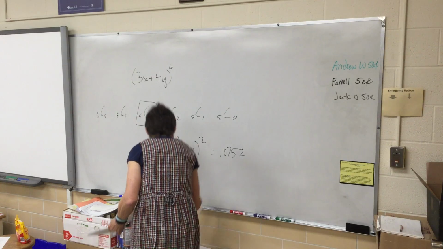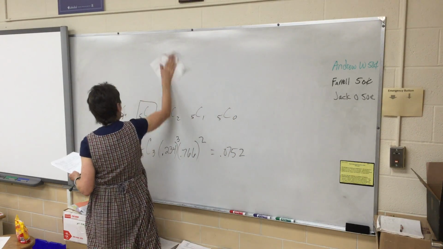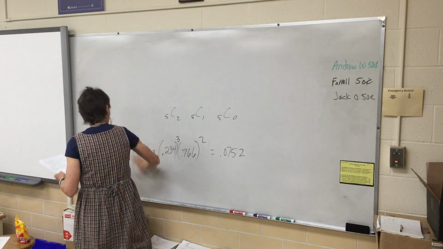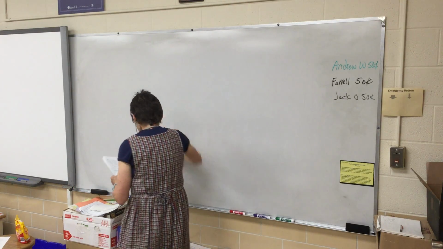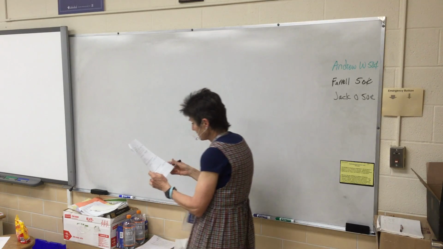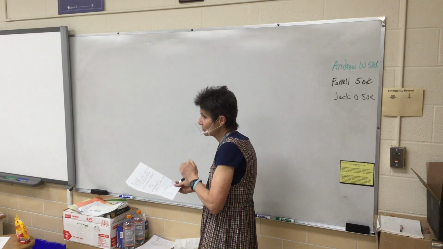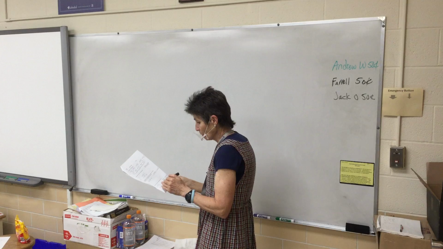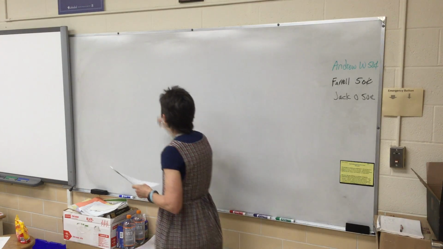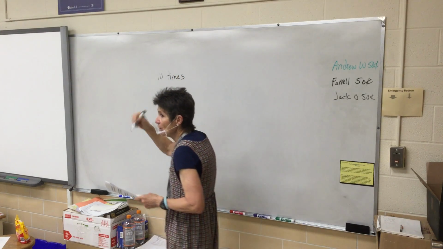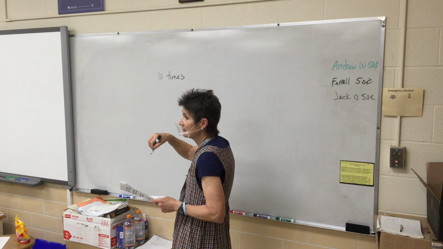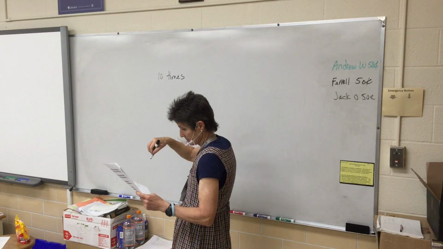All right. So it's also a little bit more complicated because it says no more than 2 6s. So you're going to roll a die 10 times, and you want no more than 2 6s.